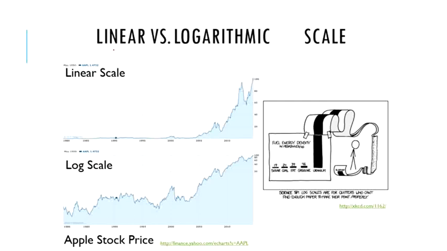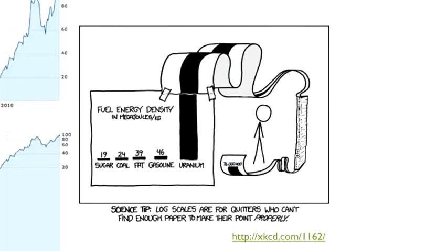The other thing in the case of line charts that we need to remember is using linear scale or logarithmic scale. A linear scale gives you the actual values that there are, but the actual values in some cases might be so many that it may not be effective or useful to present them as they are.